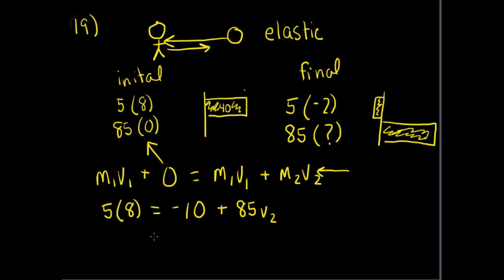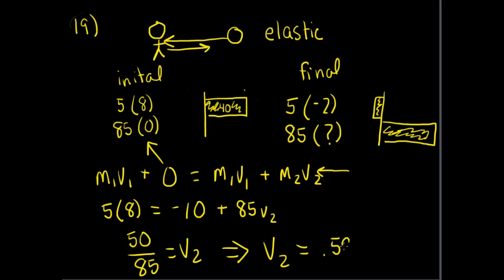I'm going to add 10 to both sides, so I'll have 50 divided by 85 equals v2. Flip this around and solve for v2 because we don't like unsolved fractions. 50 divided by 85, that's much less than 1. It's actually 0.59 meters per second.